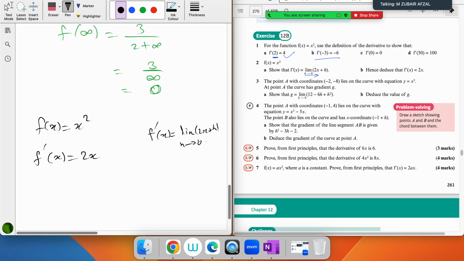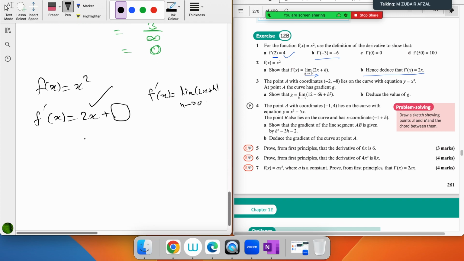Now in this case h is a constant, and in the derivative we do not have anything like that, so it is approaching 0. Hence deduce the value of f dash x is equal to 2x. Deduce, that is already the case. We just did it. F dash x is equal to 2x.